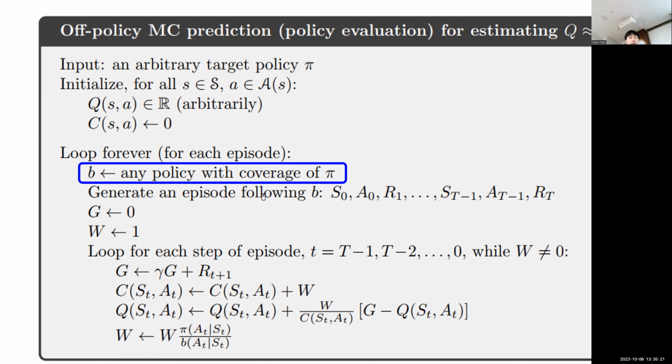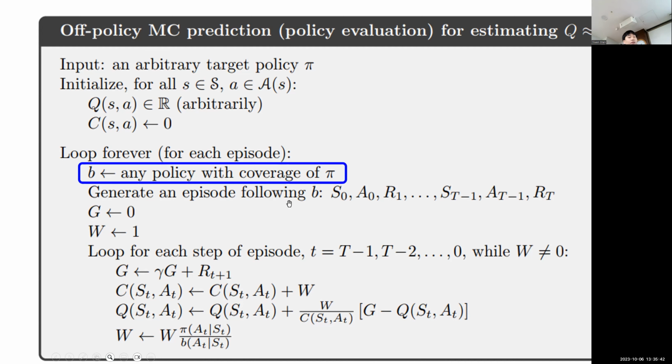Okay, that's the precondition, because we're going to use the importance sampling ratio to evaluate pi. But if B doesn't have some action that pi has, it cannot evaluate, right?